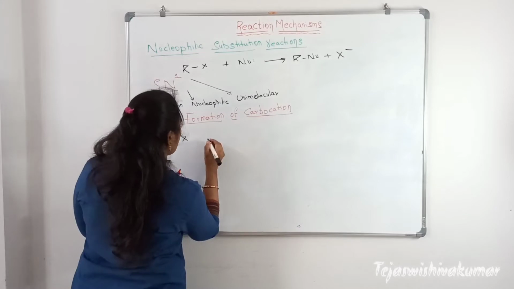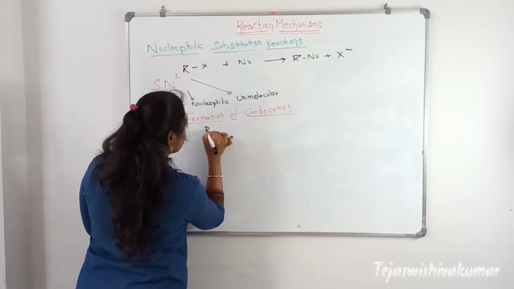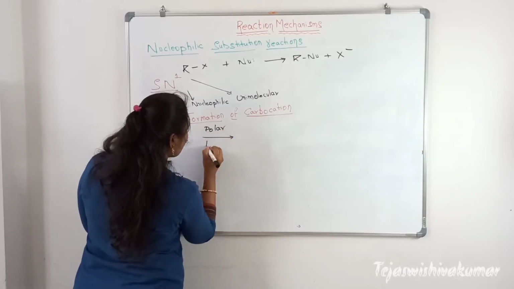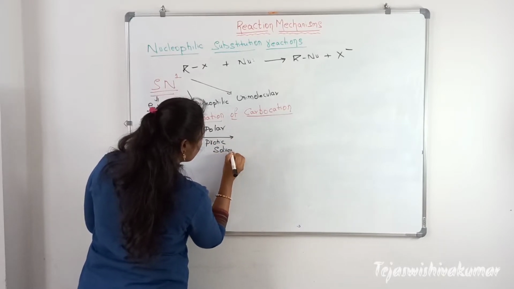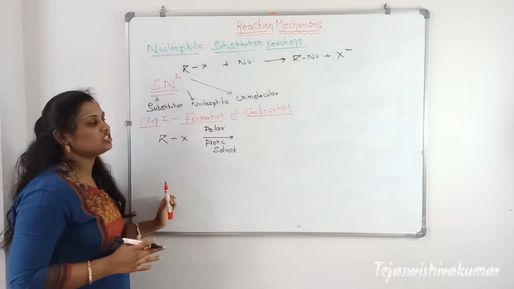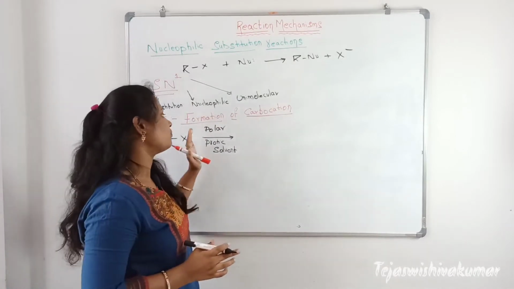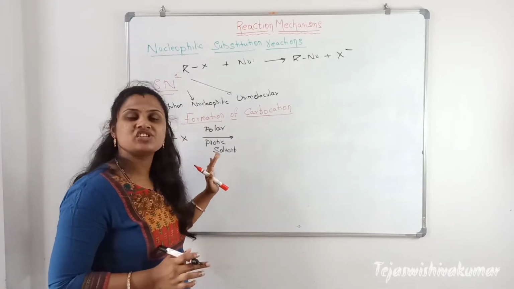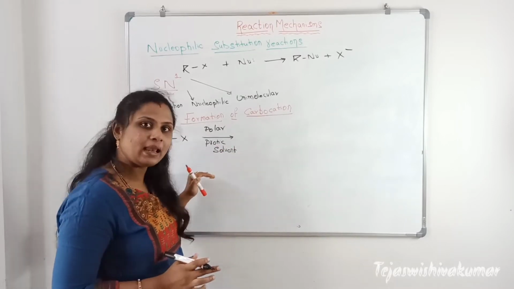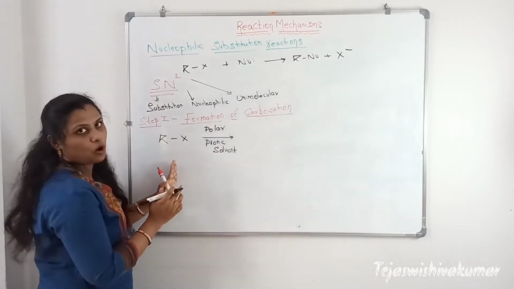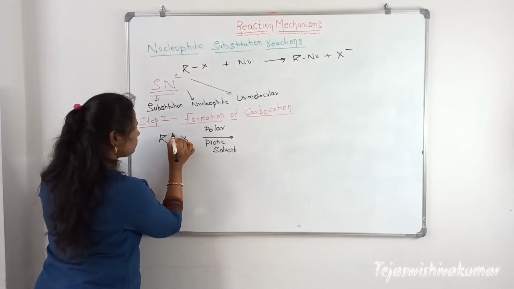Now in the presence of polar protic solvent. So one thing you have to remember here is SN1 reactions proceed in the presence of polar protic solvents which are having high dielectric constants, and therefore they will help in breaking off this bond. Clear?